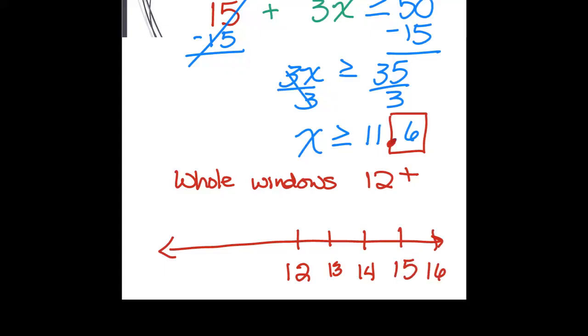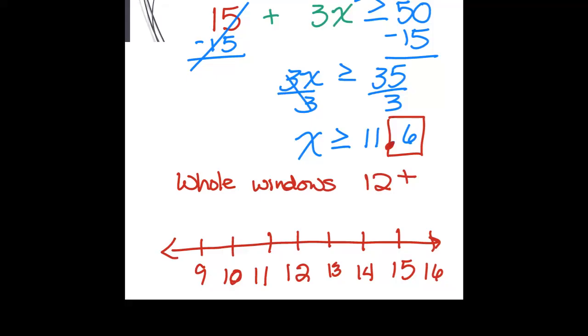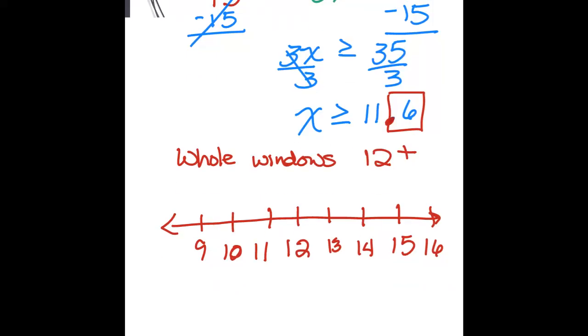Okay. Now, how am I going to graph this in terms of the problem? In terms of the problem we have 12, 11, 10, and 9. That's what you said, right?